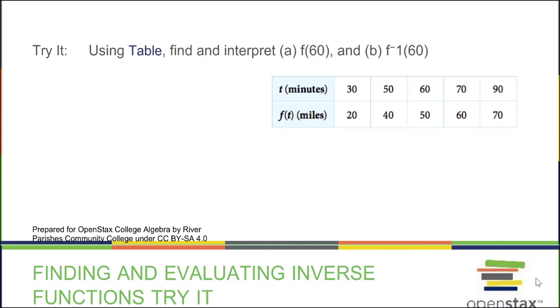Noticing that for f of 60, the x, or in this case t, is minutes, and f of t is miles. So it looks like distance and time, so time and distance for traveling purposes. So when we have f of 60, f of 60 is 50.